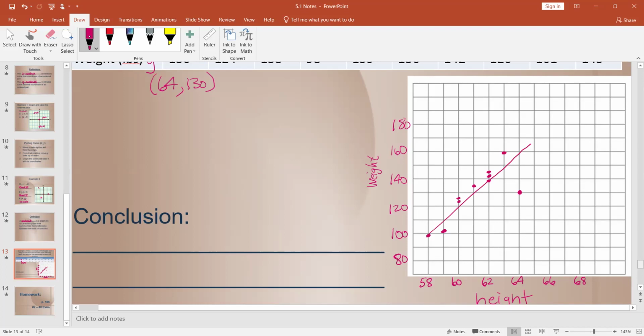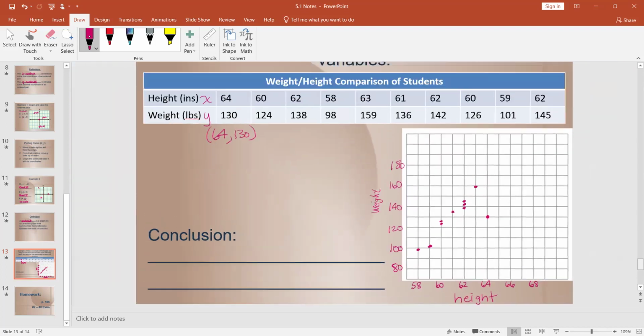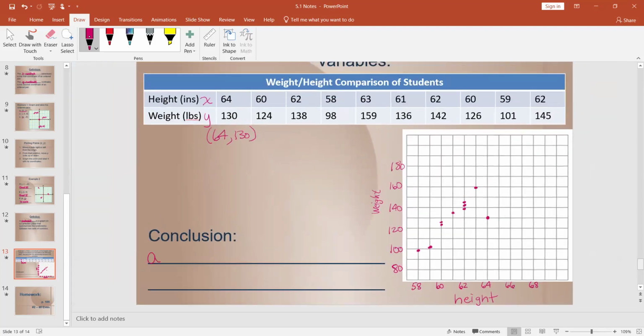So our conclusion here: as height increases, weight also increases.